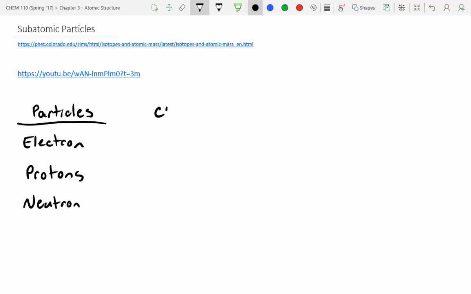Okay, and we know the charges. The electron is negative, so we'll do -1. The proton is its counterpart, so it's got to be +1. And then what about a neutron? 0, it's just hanging out there. All right, and then we've got our mass in atomic mass units.